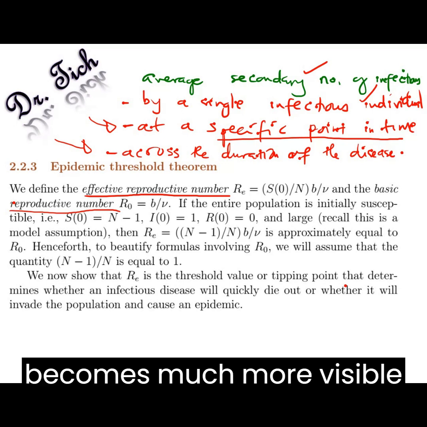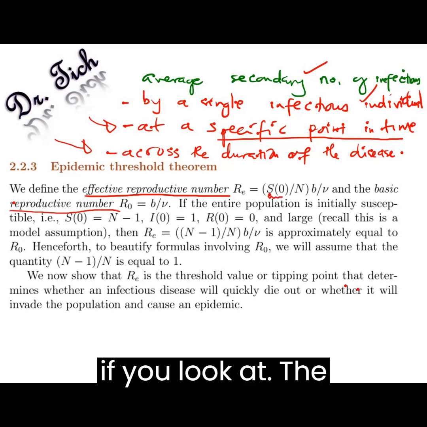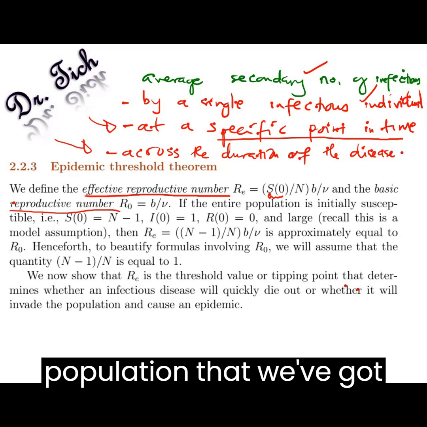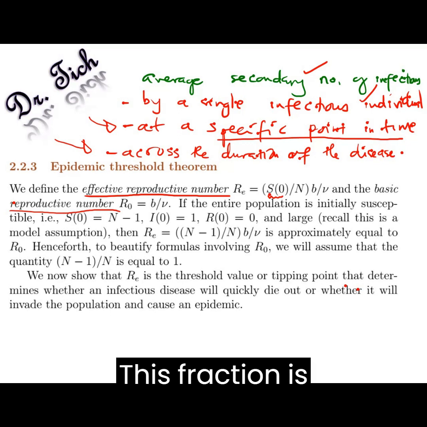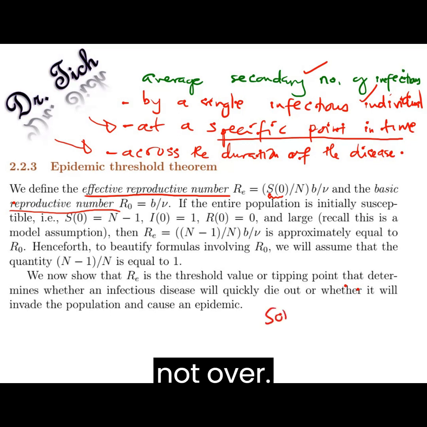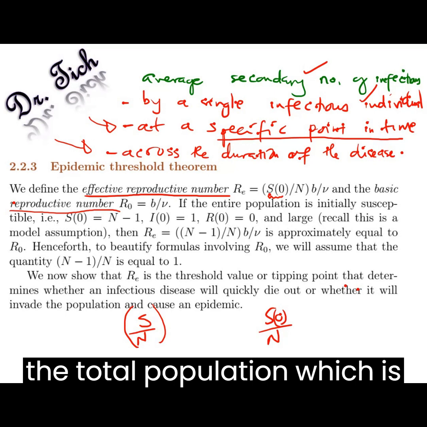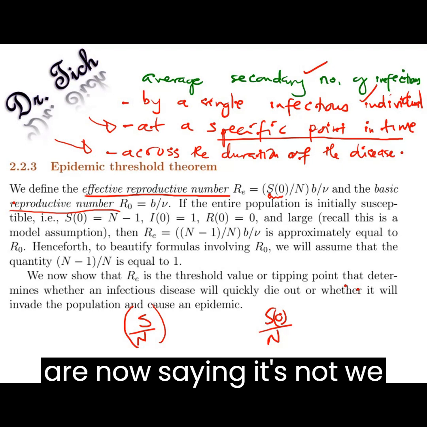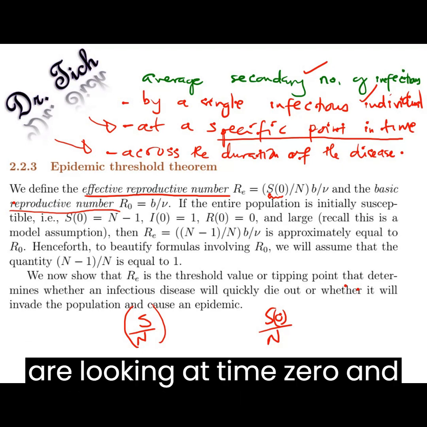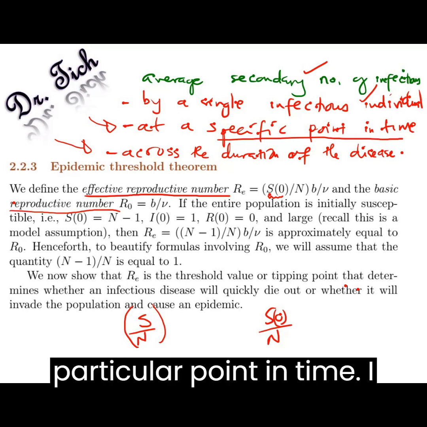It becomes much more visible if you look at the initial susceptible population, the fraction S naught over N. S over N means the fraction of the total population which is susceptible, but with S naught we are looking at time 0 and asking what fraction of the population is susceptible at that point in time.